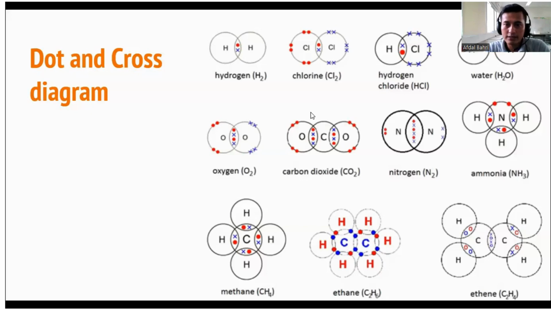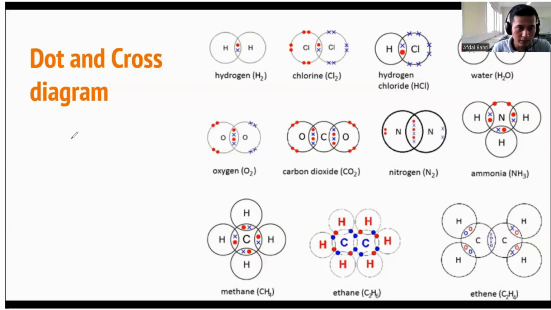Now we can understand how a covalent bond is formed by using a dot and cross diagram. A dot and cross diagram is basically only a model to represent how electrons are shared. For example, here you can see hydrogen. From this structure, you can see that hydrogen has one electron, right?